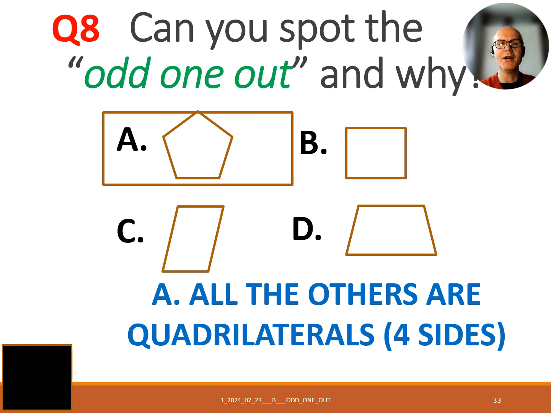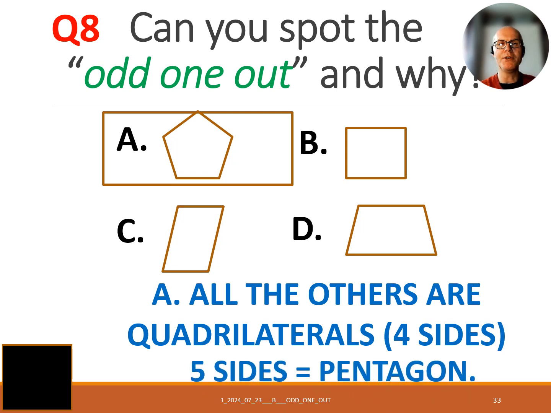That's right. The other 3, B, C and D, are quadrilaterals. Do you know what the name is for shape A? That's right, it's a pentagon. A 5-sided, 2-dimensional shape is a pentagon.